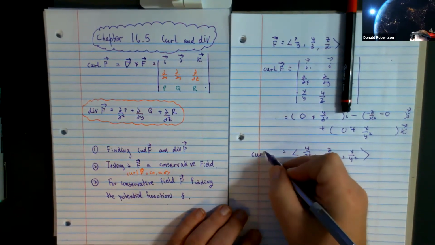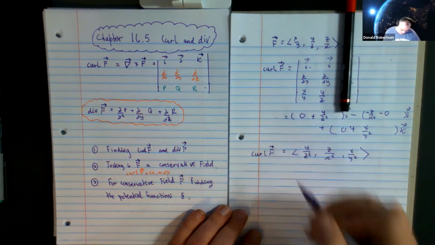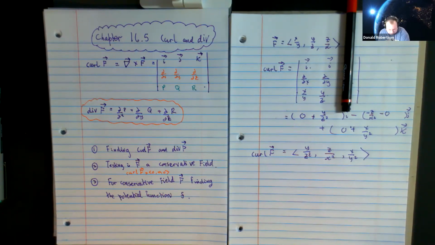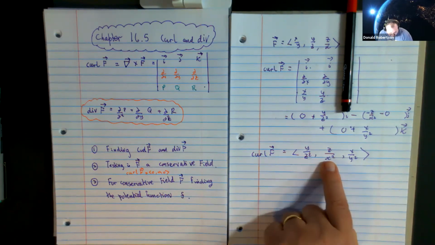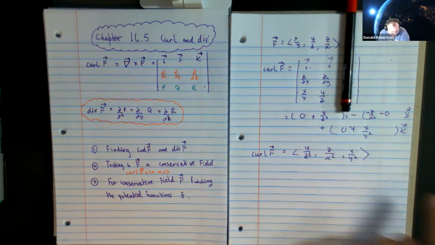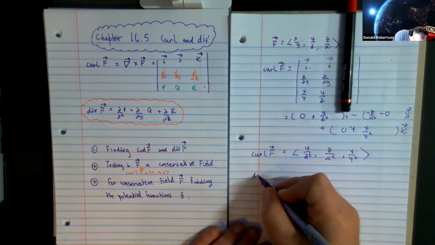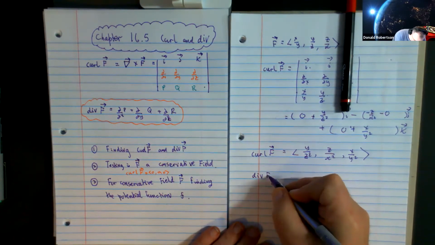I'm not quite sure how I feel about that answer. It's got kind of symmetry to it, doesn't it? Looks like that guy doesn't have the x, that guy doesn't have the y, that guy doesn't have the z. Okay. And then we'll do the div.